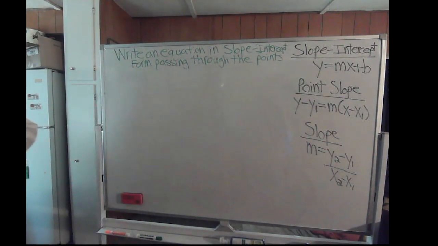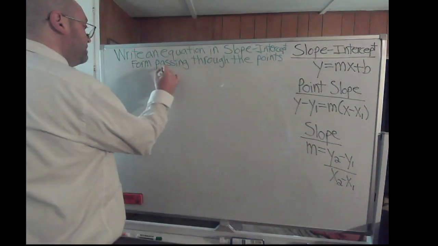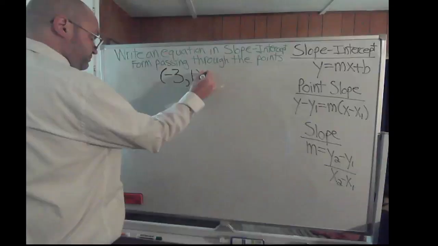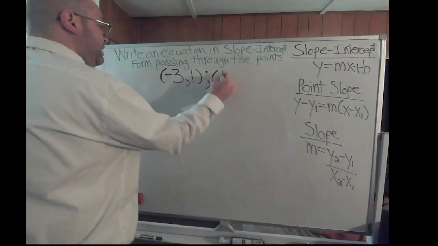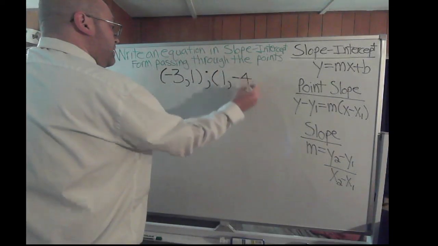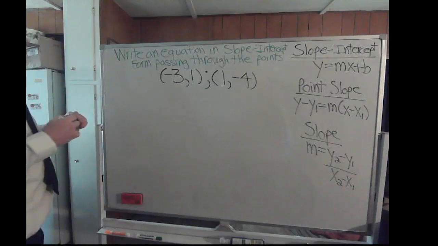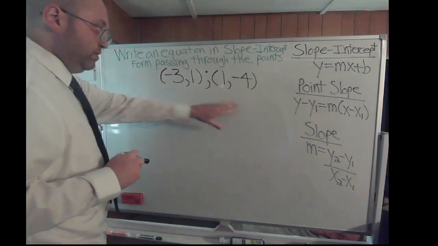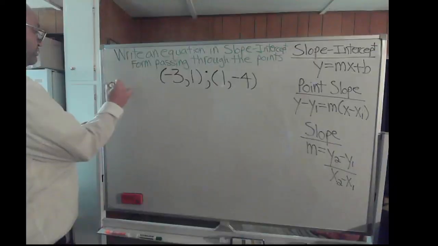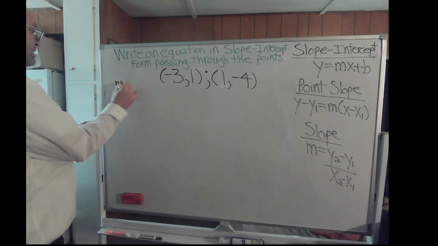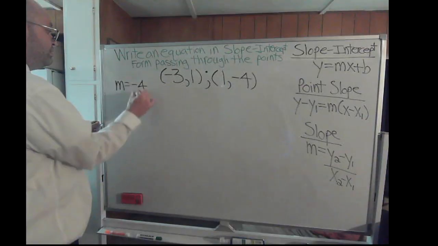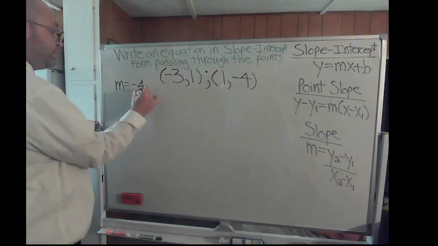Alright, 5 more. Alright, what we got here? -3, 1, and 1, -4. So the line passes through the points negative 3, 1 and 1, negative 4. Start out finding your slope. Slope is your second y-coordinate of negative 4 minus your first y-coordinate of 1.